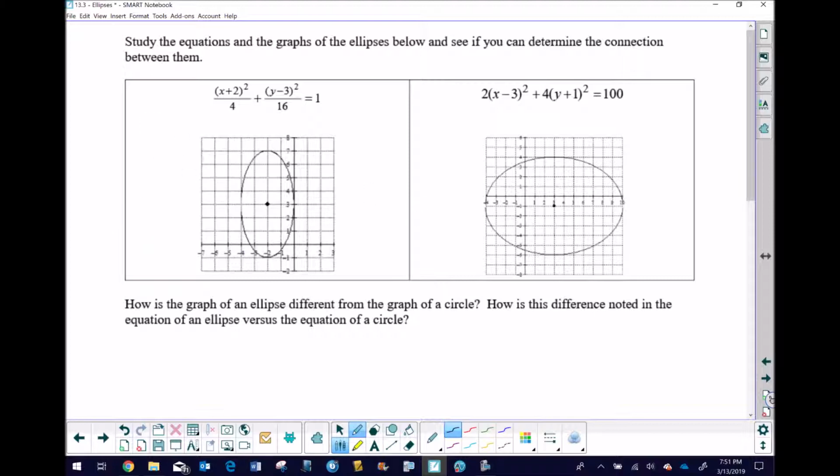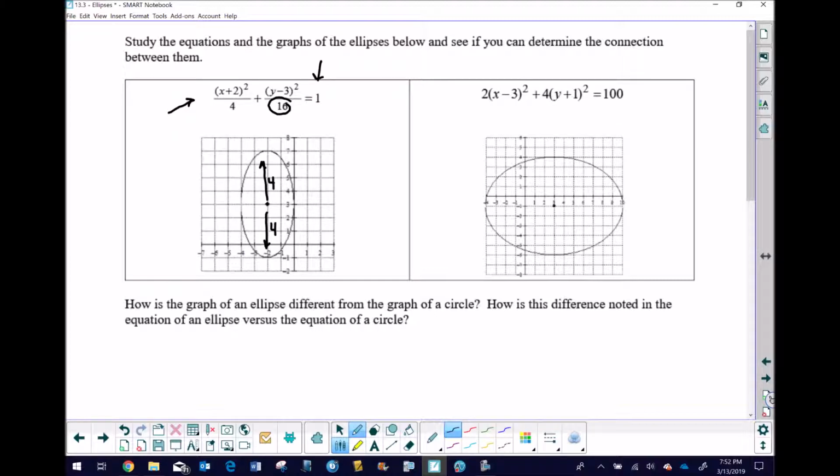Now, if you take a look at the first equation, this is a very special equation. This is an equation written in center form, so we can extract the center from it, but we can also extract some other information. It basically comes down to this: if you have your ellipse set equal to 1, and that's what your goal is going to be, then the square root of the denominator of the y fraction tells you how far you count from the center in the vertical direction.